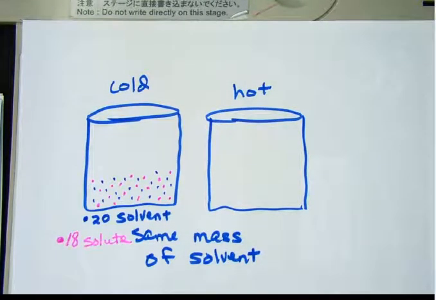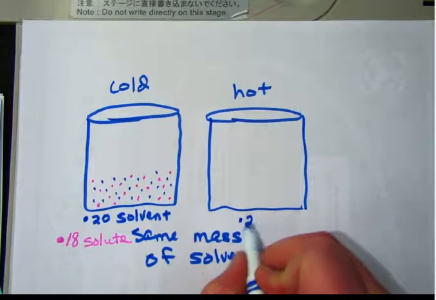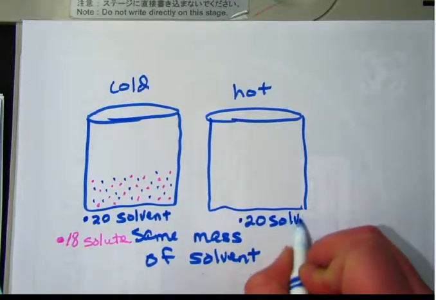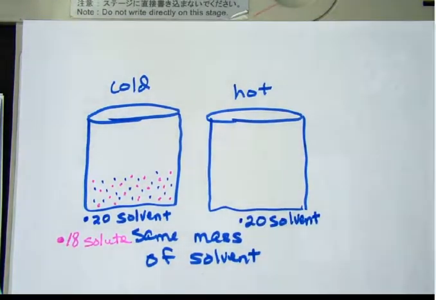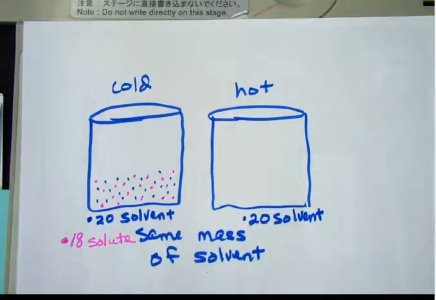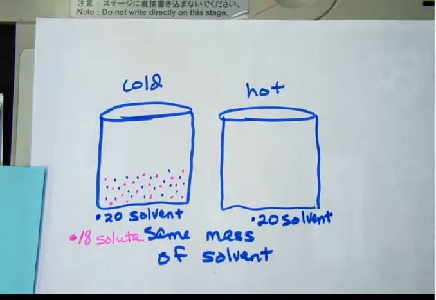I still have the same 20 solvent particles. I have not changed my mass. But now, since it's hotter, the kinetic energy is increasing. The particles are moving faster and farther away from each other. And since they're moving farther away from each other, their density has decreased.